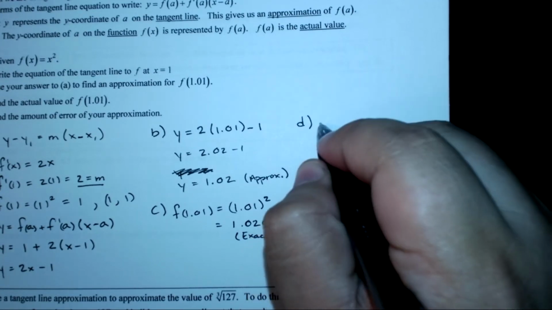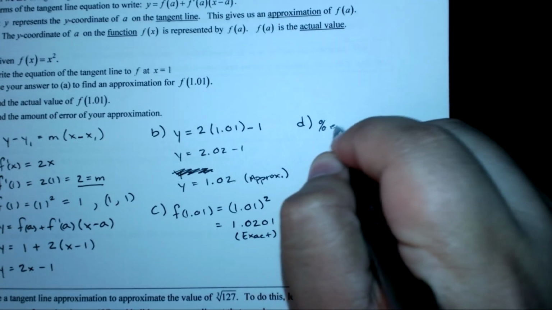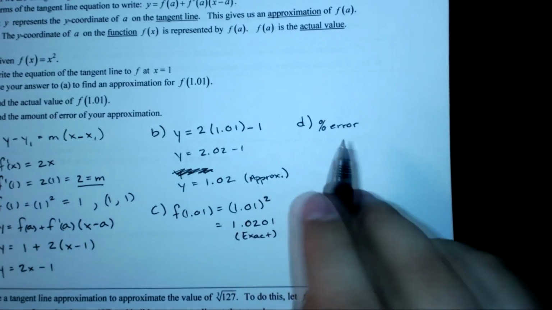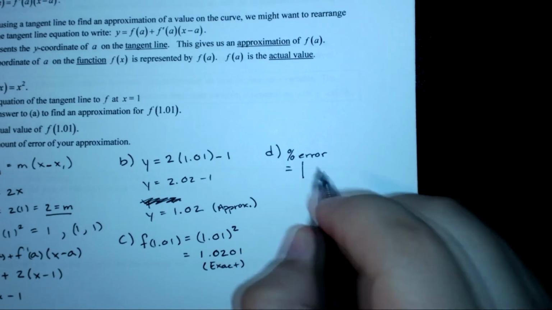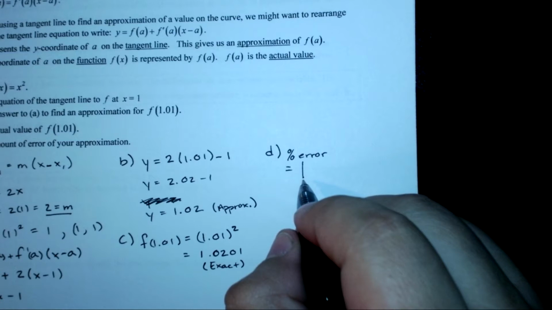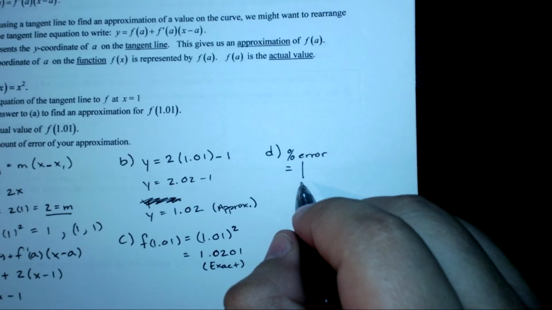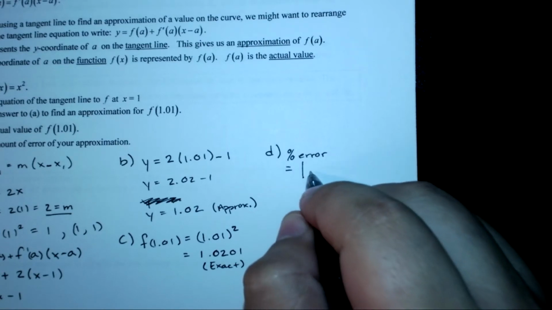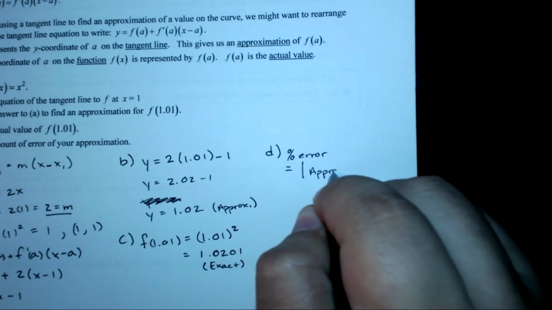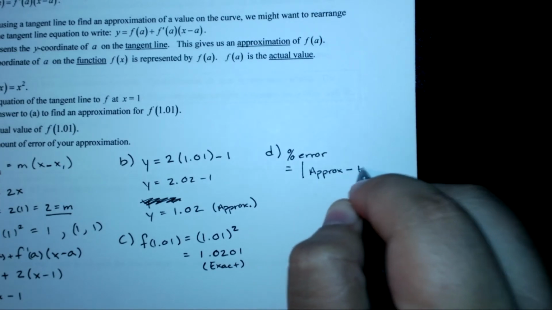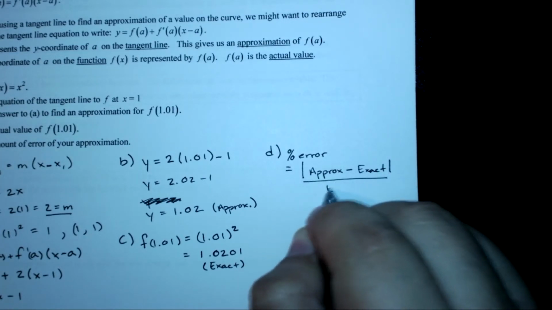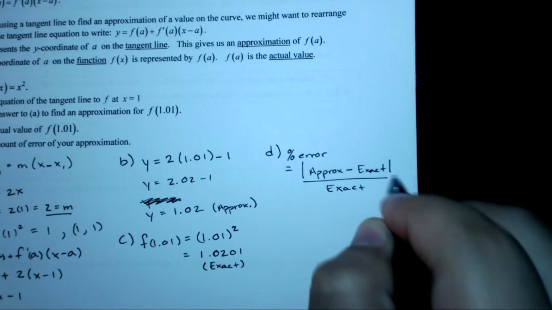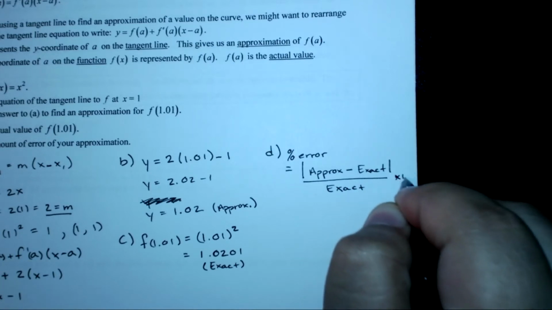So percent error, if you think back to science, percent error is equal to the absolute value of your approximate minus the exact, divided by the exact value, times 100.